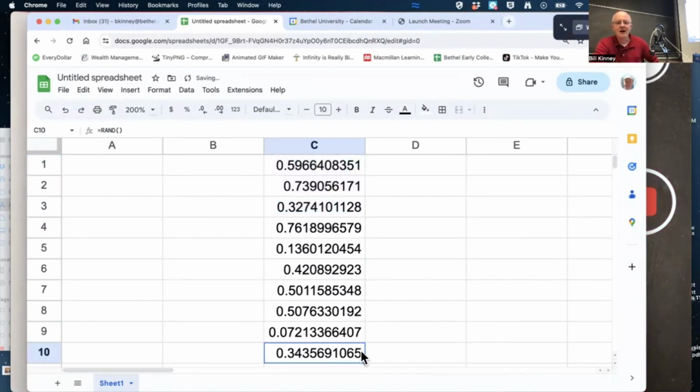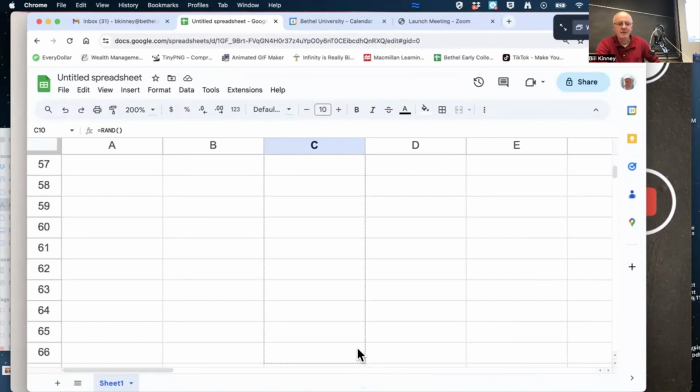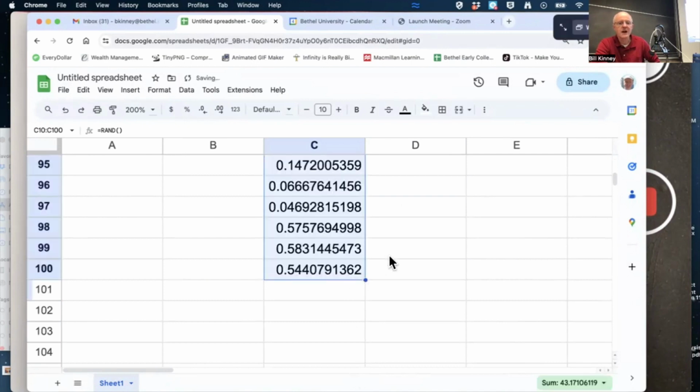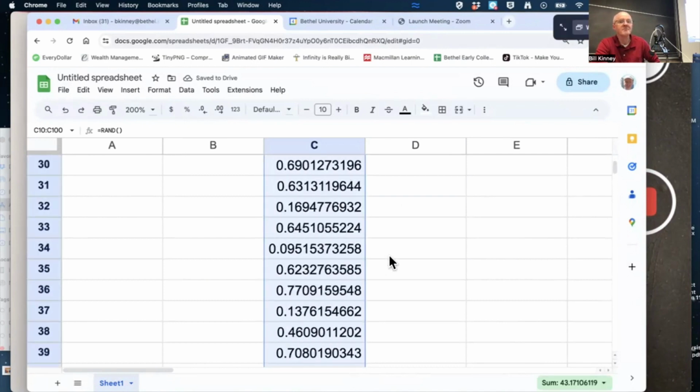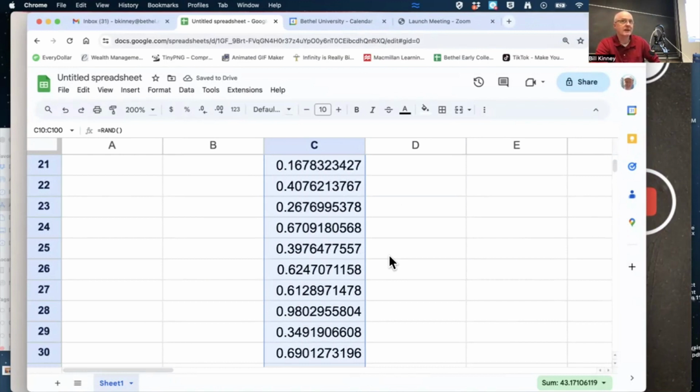Let's get 100 numbers between 0 and 1 here. By the way, every time you do a copy and paste, the numbers change. There's 100 numbers between 0 and 1. What percentage of them are between 0.6 and 0.7, for example?